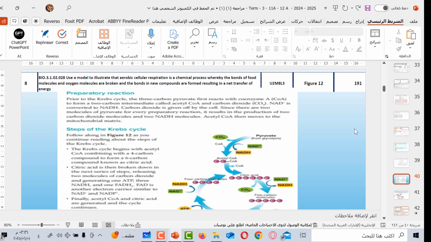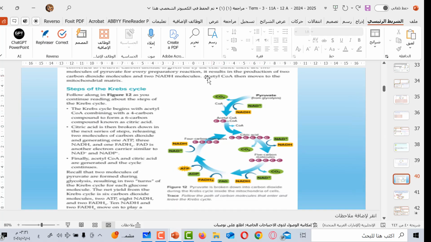It's about figure 12, sorry, on page 191. This page is about the preparatory reaction and the steps of the Krebs cycle, the Krebs cycle and what comes before it.